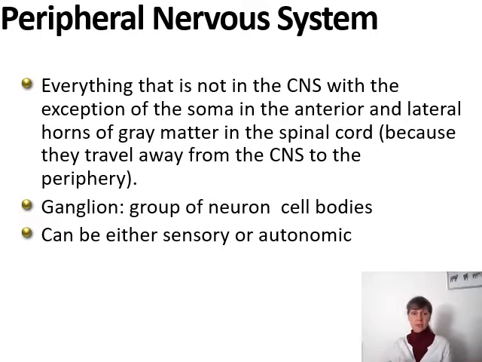Now, in the peripheral nervous system, we only use the term ganglion. Ganglion is the singular form of the word. Ganglia would be plural. So a ganglion is a group of neuron cell bodies, which you know are soma, found in the peripheral nervous system. These neuron cell bodies can either have sensory or autonomic functions.